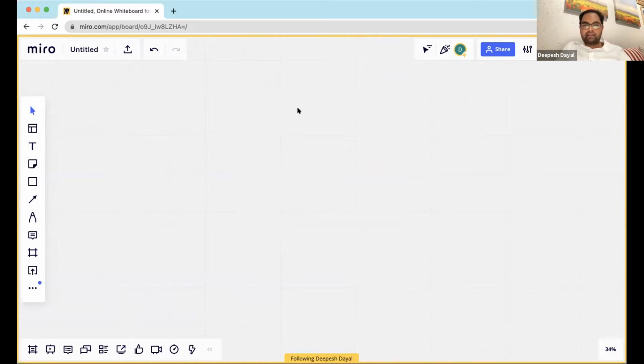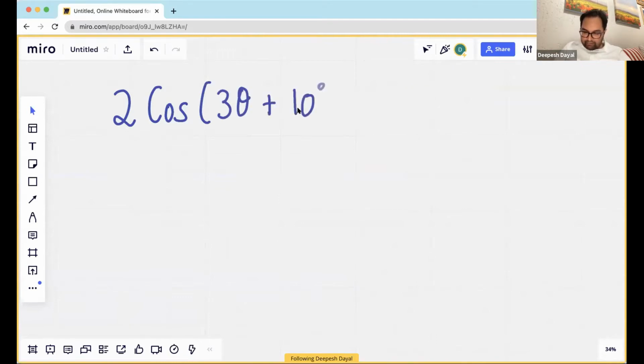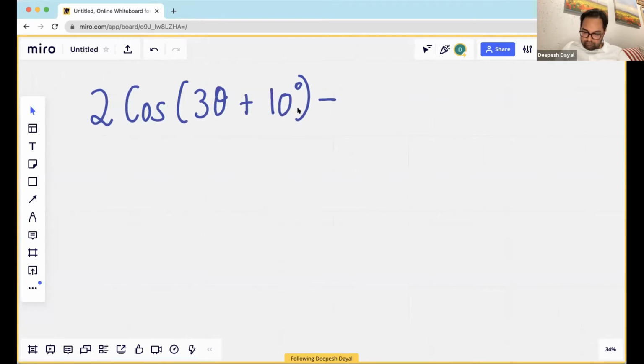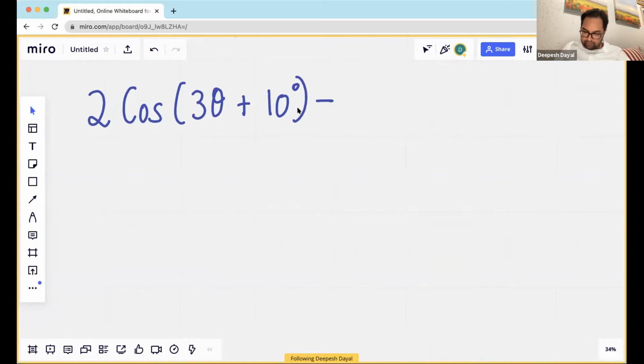So I'm going to start officially with this one here. 2 cos 3 theta plus 10 degrees.